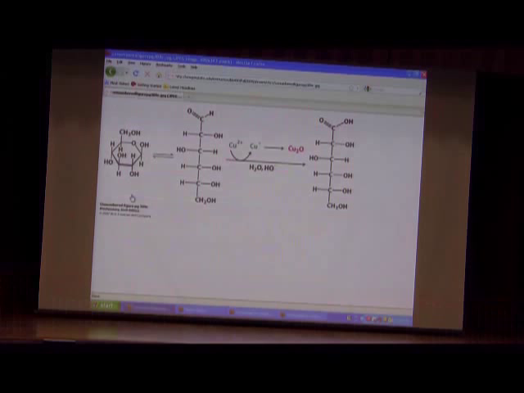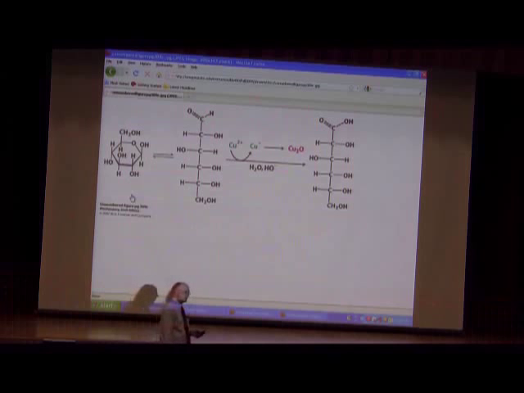So in this case, the electrons are going onto a copper and reducing copper from +2 to +1. This involves a change of color. It's very easy for me to monitor the rate with which this change occurs by watching how the color of the solution changes. It's a very simple thing to do.